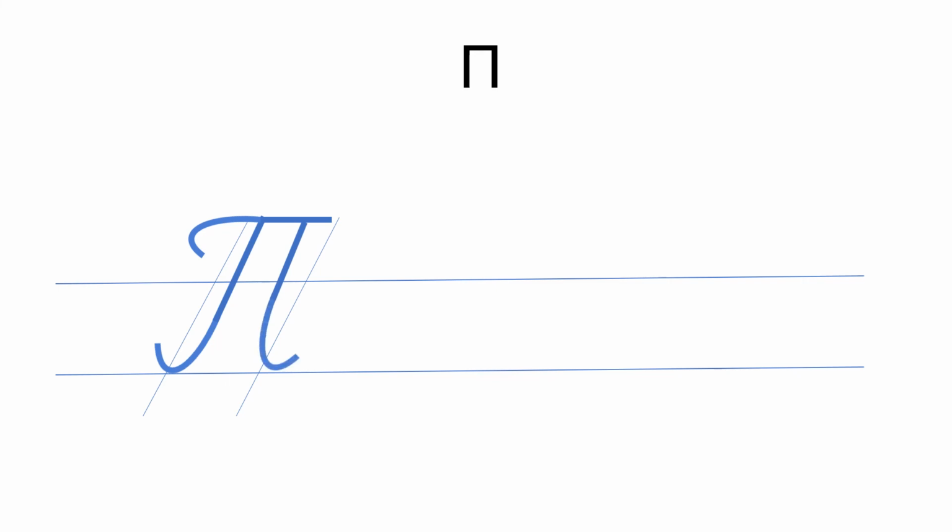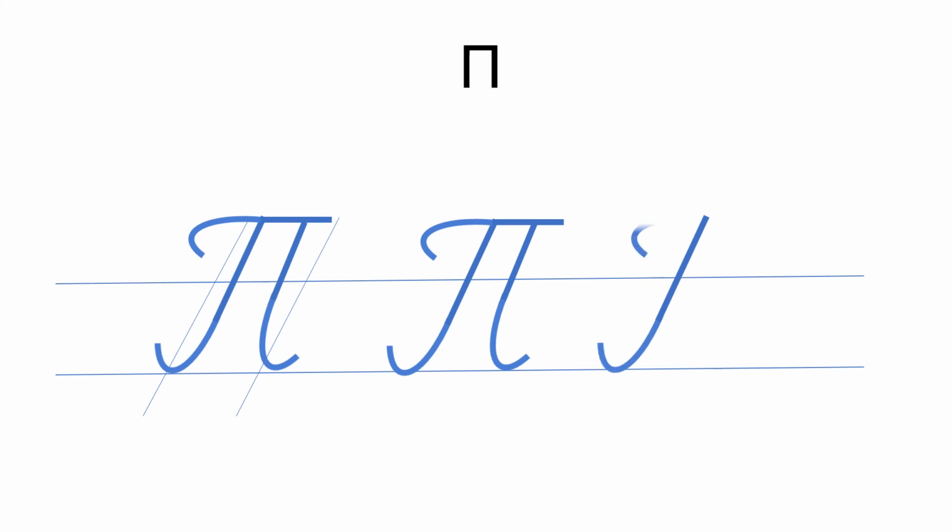So this is our letter P, Russian P. So once again, like that, longer and down. Once again, hook, draw, down. So please pause my video and practice with this.